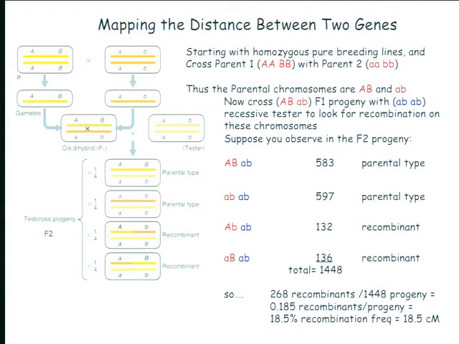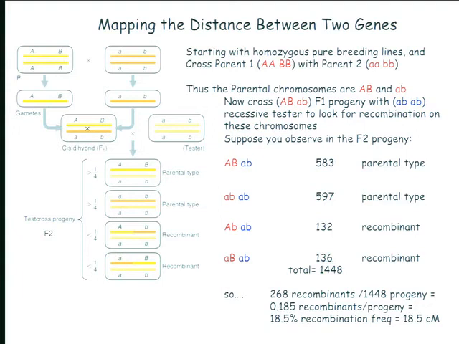Right, so this is big A, big B, little a, little b. Little a, little b from here is also going to assort with little a, little b from your tester. So these are the parental genotypes. They're the same alleles in the same combination as what you had in the F1. All right? But there's actually going to be more than a quarter of these.